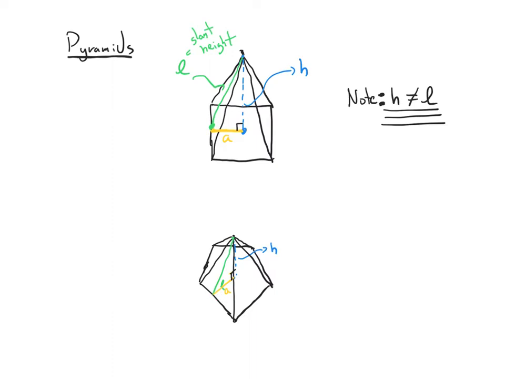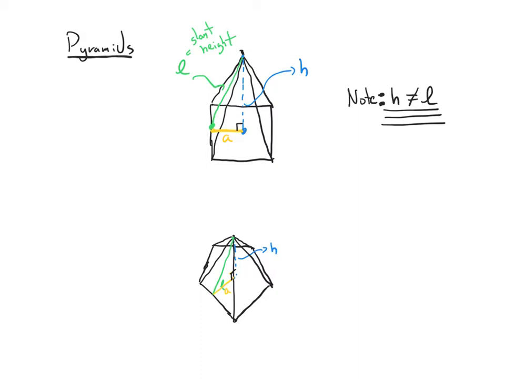And the reason we can do that, hopefully you can visualize this, is that if you join up the slant height with the actual height with the apothem, you get this right angle triangle kind of cutting through the middle of your pyramid. So that's really cool.